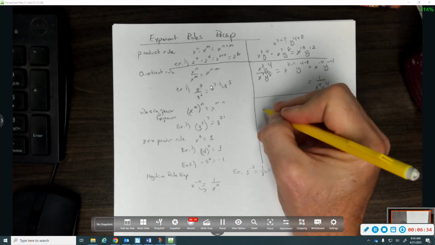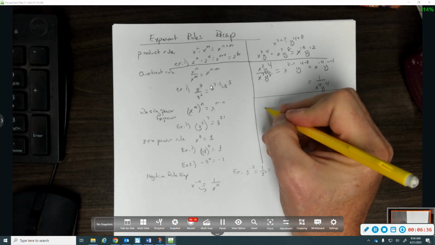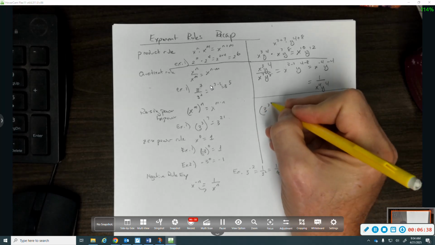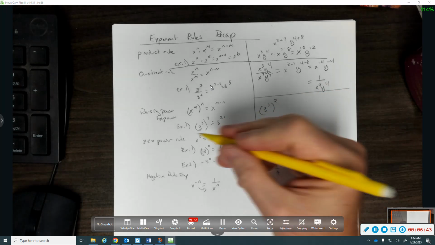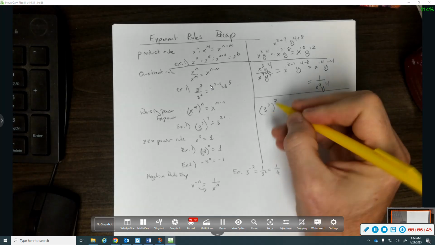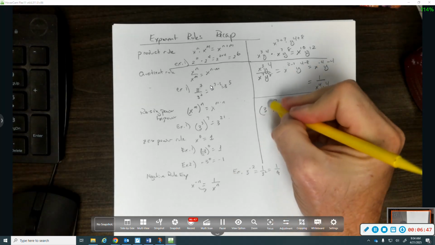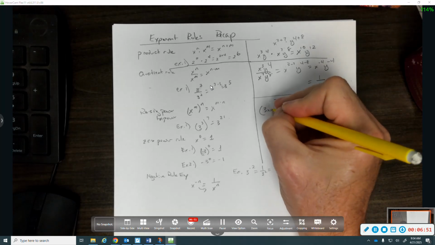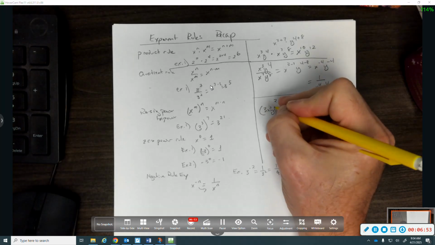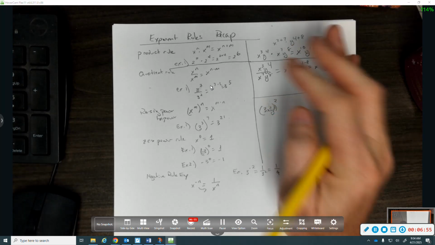And another example, let's say I have 3 to the third raised to the second power, right? Well, that's really the same thing as this. But what if I have 3x to the y, and I put a 2 exponent for the x and a 3 exponent for the y?